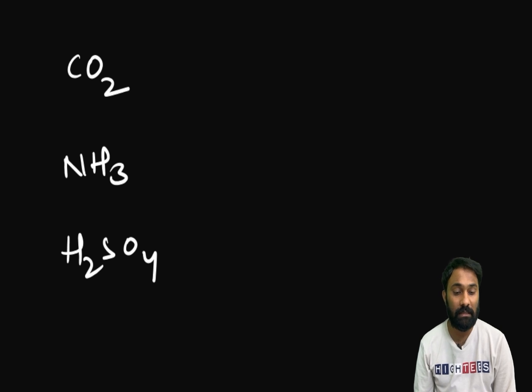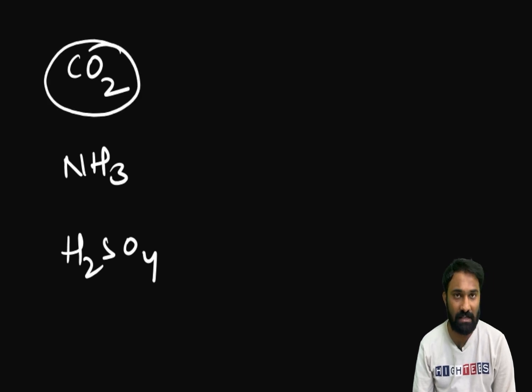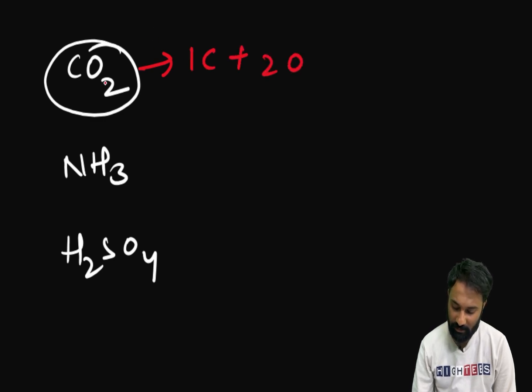If they ask how many atoms are there in this compound, or the total number of atoms present in this compound, first, this compound contains one carbon atom and two oxygen atoms, right? One carbon atom and two oxygen atoms. These two combined give you a total of 3 atoms.